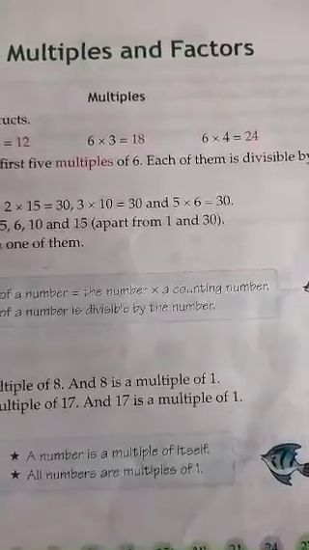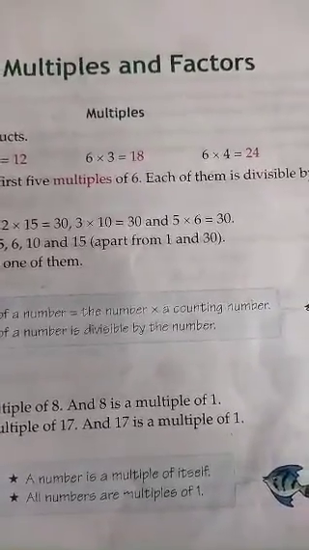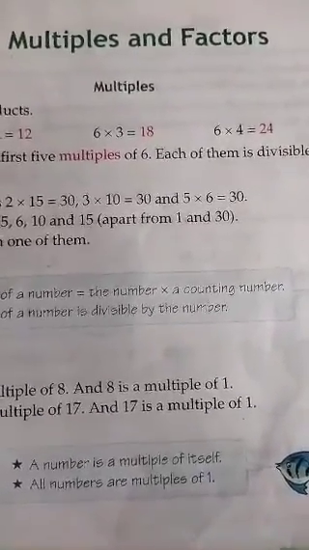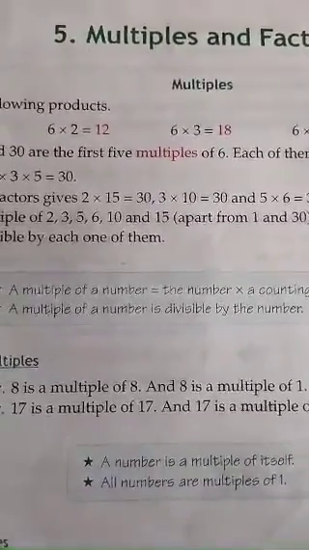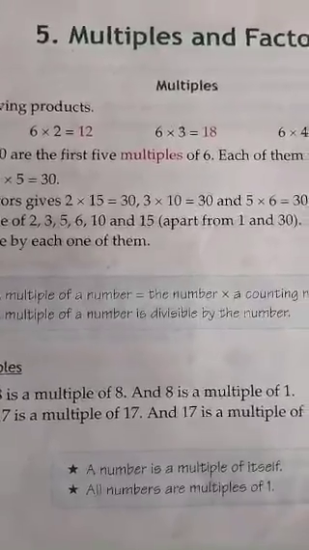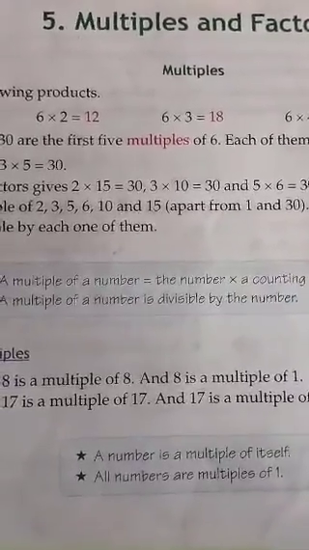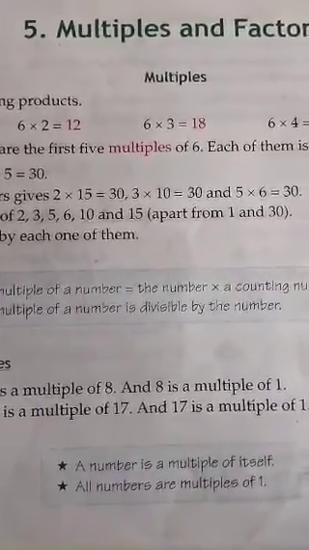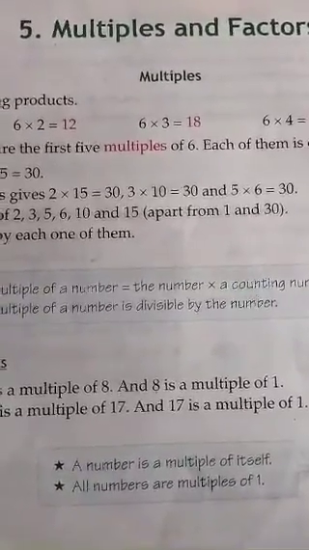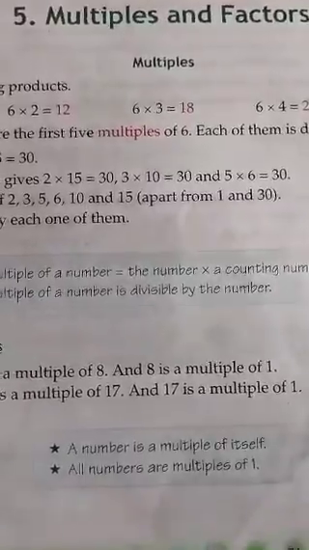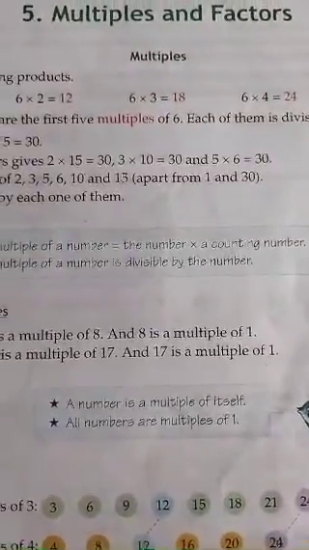Those will be our factors. And in multiples, we have to go through the tables. Suppose it is asked to write the multiples of 7, then we will read the table of 7. So these are factors and multiples.